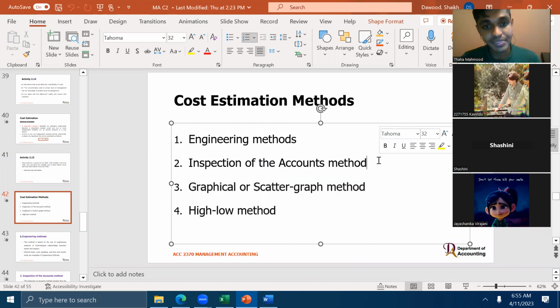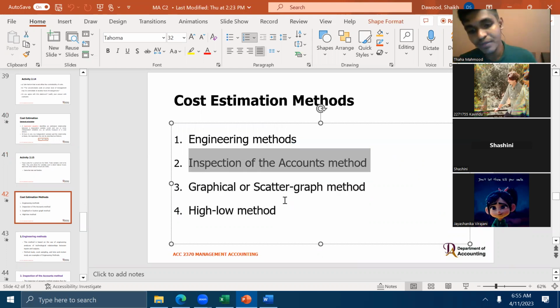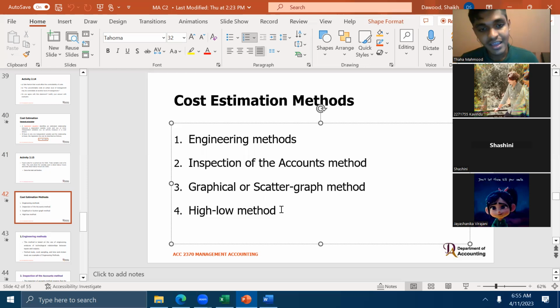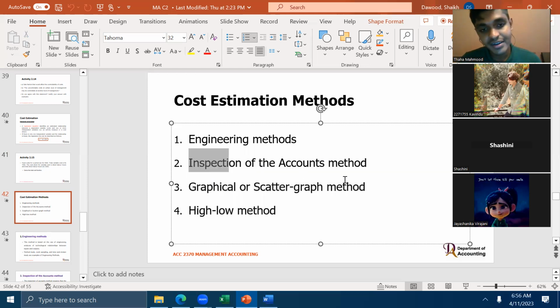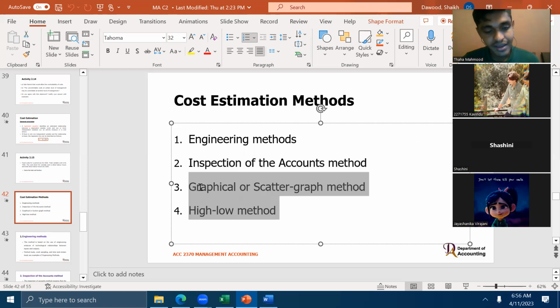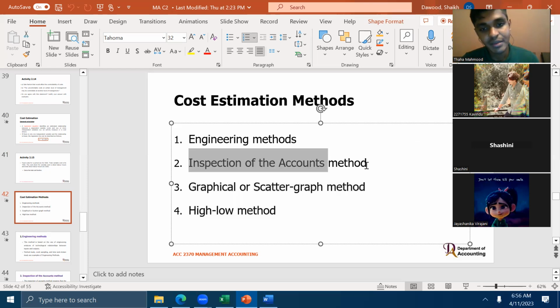And this one, inspection of accounts method, before applying these methods, we could use it as a preparation, I think. Engineering method, it's out of our scope I believe.